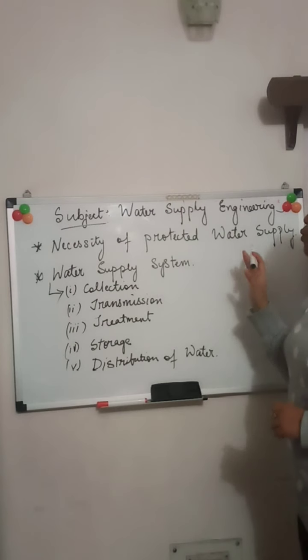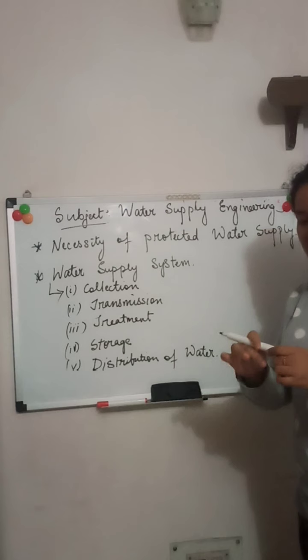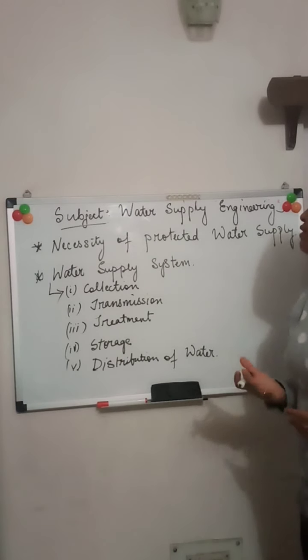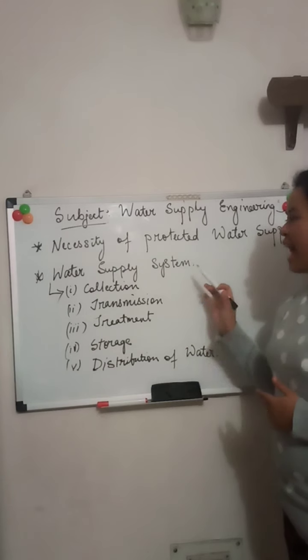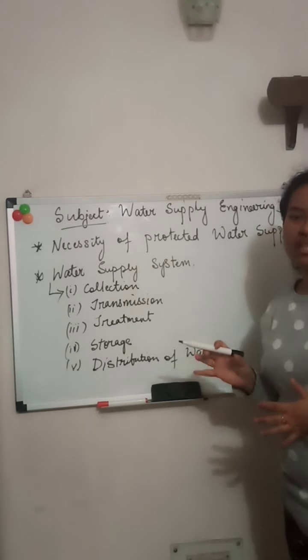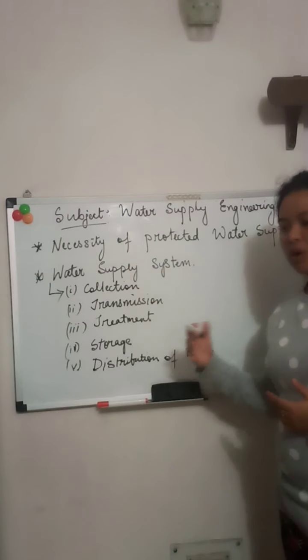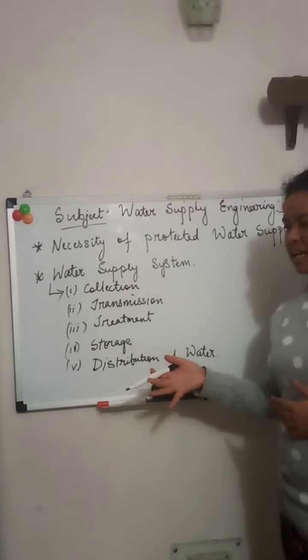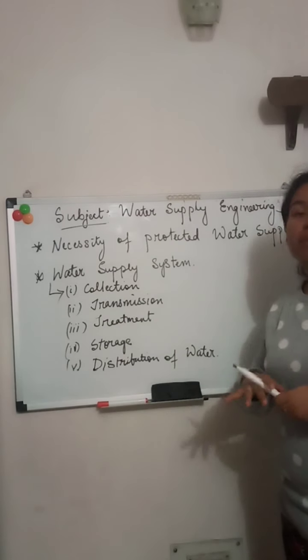What is this water supply engineering? Like air, we breathe, we need that for survival. Water also, we need it for our survival. And we cannot drink any water whenever we see it. Suppose we see water when we walk by, we cannot say that we can use it for consumption or for some other use.